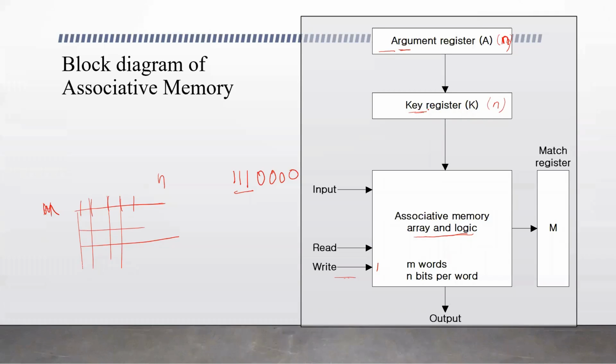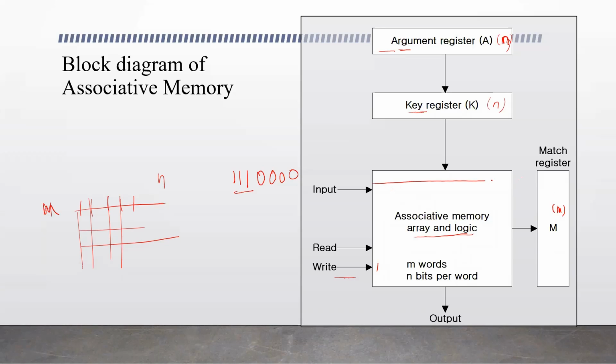So to set the key, the key register will have 1 in the corresponding bit positions. Those bits in the argument register are compared with the corresponding bits in each word in the associative memory. And this match register has m bits, one for each word.